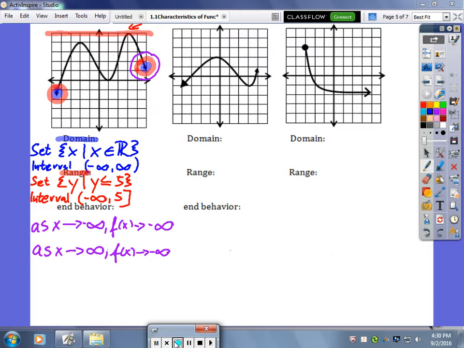Let's look at our next example. The domain seems to go down to negative infinity and up to positive infinity. So we write x such that x is any element of the real numbers. Or in interval notation, we would say open parentheses, negative infinity, comma, positive infinity, close parentheses.